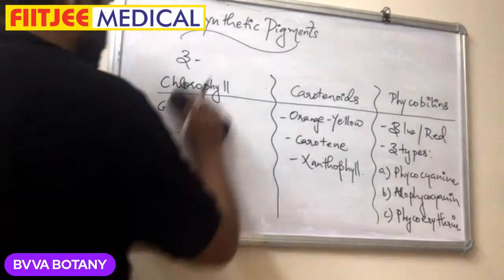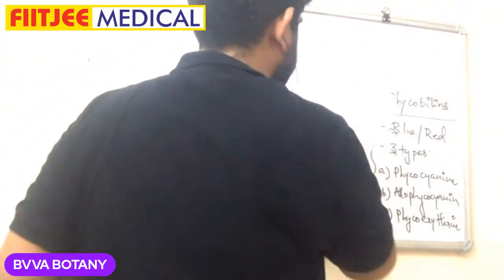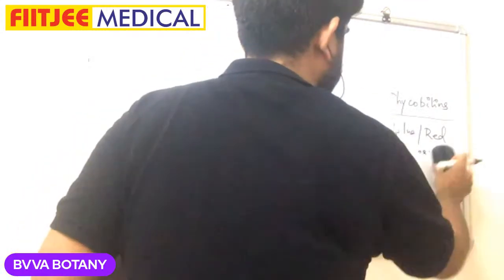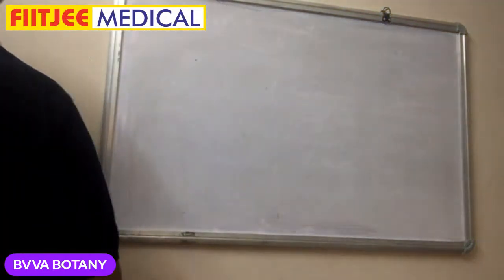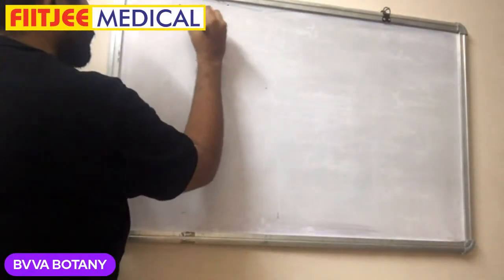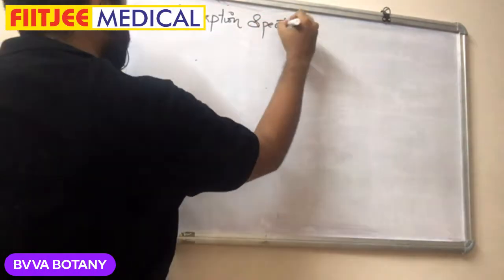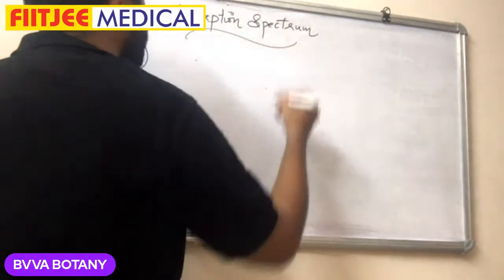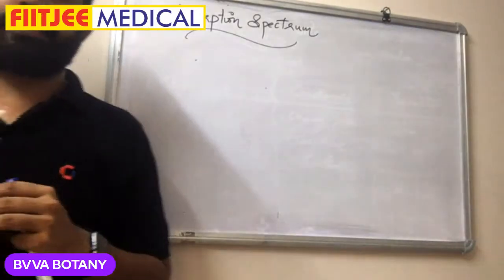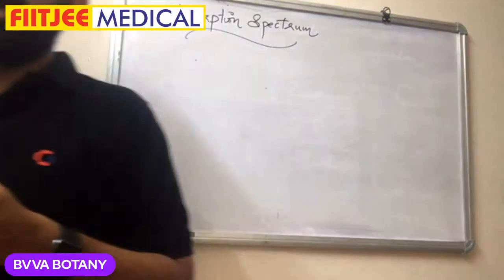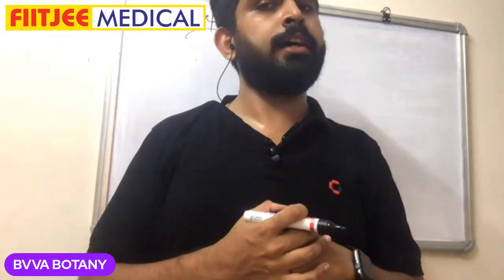The absorption spectrum is a graphical representation of the degree or amount of wavelengths absorbed by a compound.